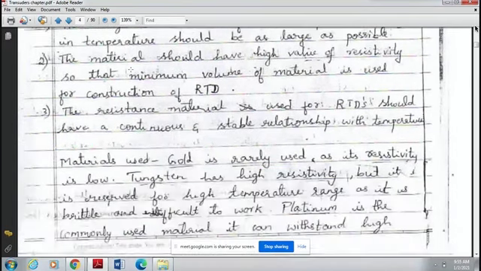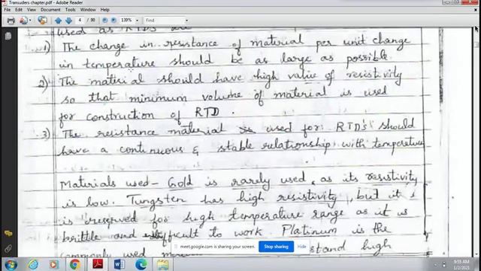So what is the material usually used for this type of transducer? Which material exhibits all these parameters? Let us look into those. Gold is a very good material which can be used, but it is rarely used as its resistivity is low. Whereas tungsten has high resistivity, but it is reserved for measuring only high temperature ranges, as it is brittle and difficult to work with.